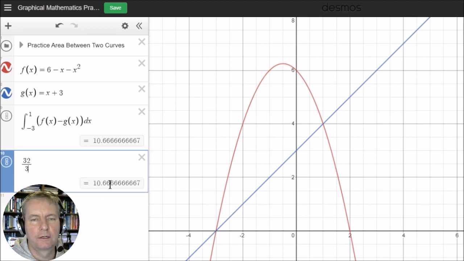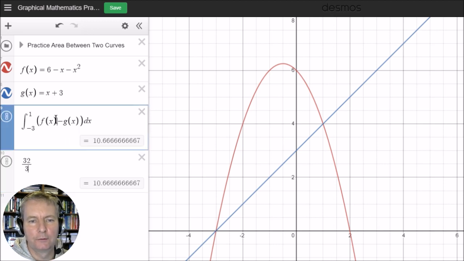So it does work. Now, an interesting question is, what if you had mixed these up? What if you had accidentally done g of x minus f of x? What answer are you going to end up with? So let's have a look and see. Let's say we had written this in as g of x minus f of x.